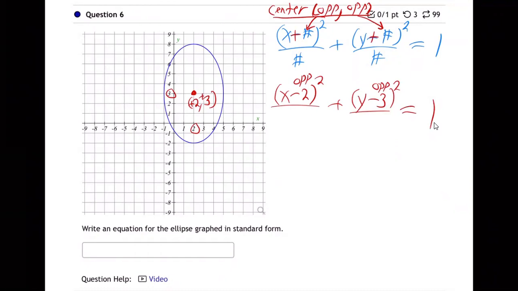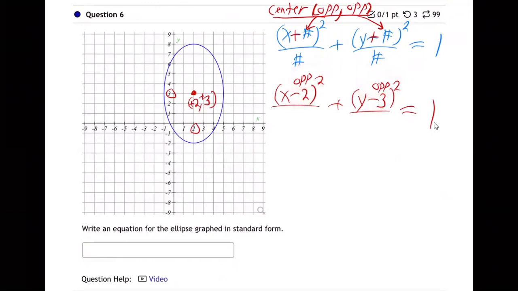Are we good so far with the center? Is that making sense, how I'm finding the center of the ellipse? I just graphically looked at it and said, well, it's right 2, up 3, both positive. And that means in the equation, in the parentheses next to x or y, it's always the opposite.